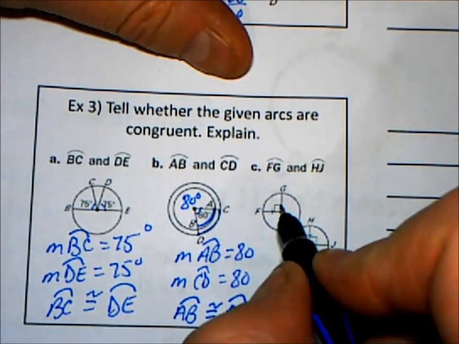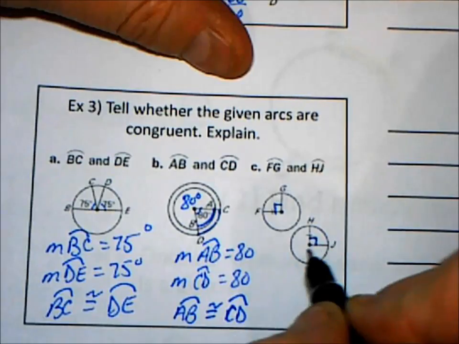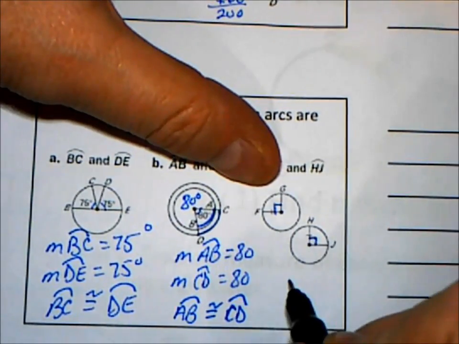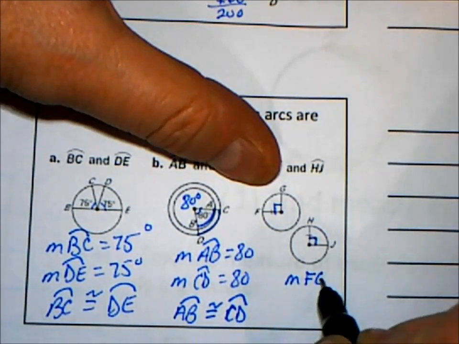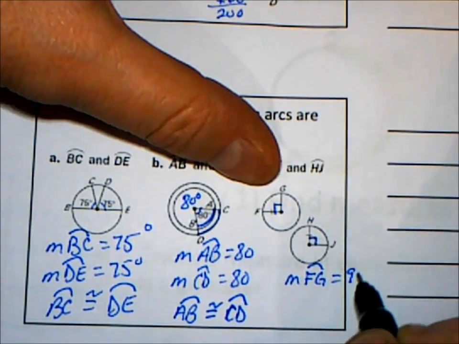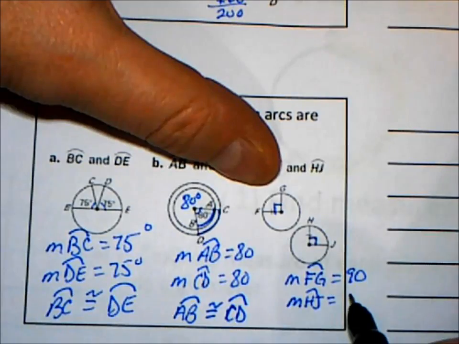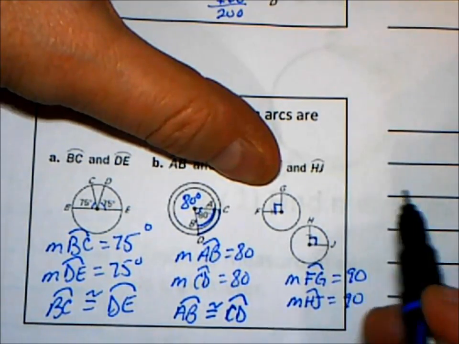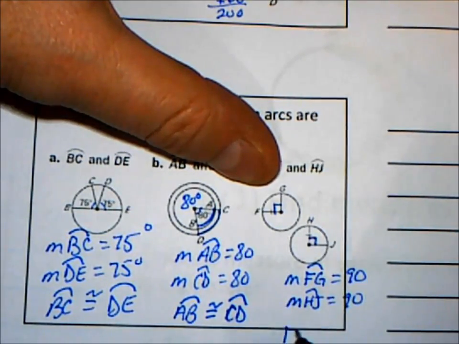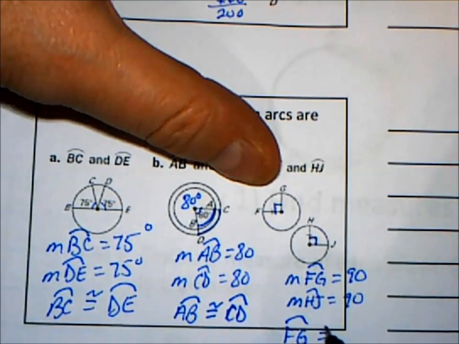And then on their last example, they have a right angle for the central angle. So that means the measure of arc FG is 90, and the measure of arc HJ is also 90 degrees. And that means that FG, that arc, is congruent to HJ.